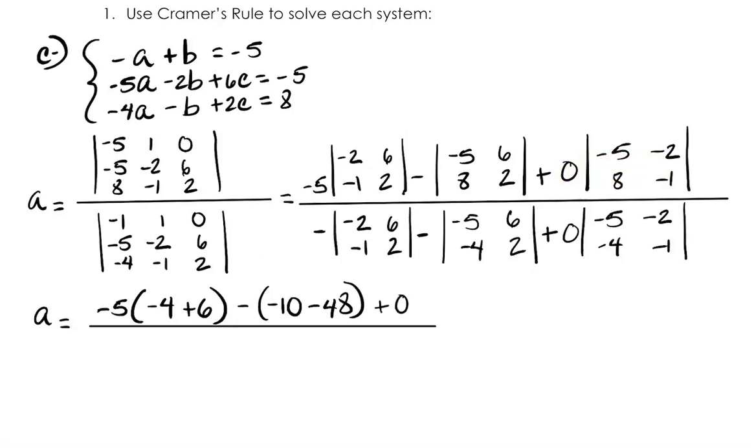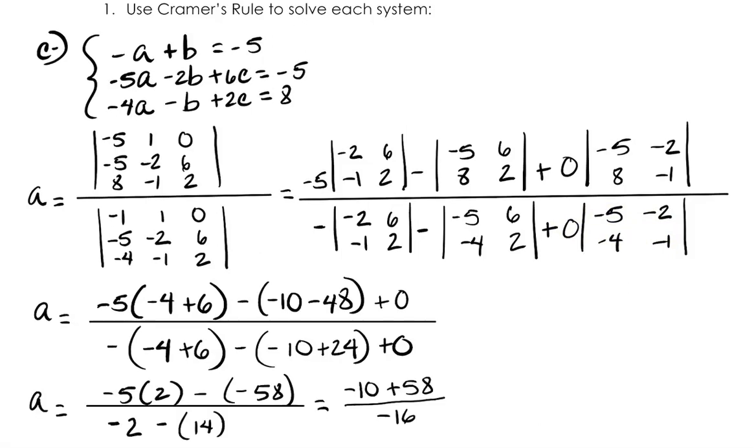In the denominator, we'll have negative sign times -2 times 2 minus -1 times 6 minus -5 times 2 minus -4 times 6, and 0 times this determinant is 0. Now we can solve for a. And we get that a equals -3.